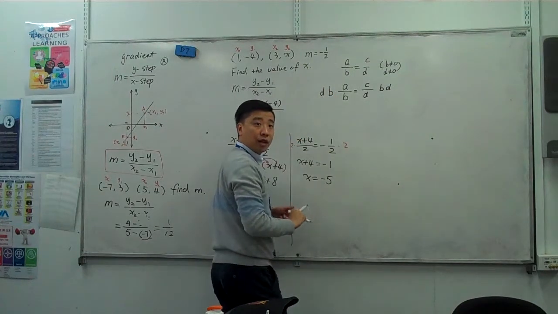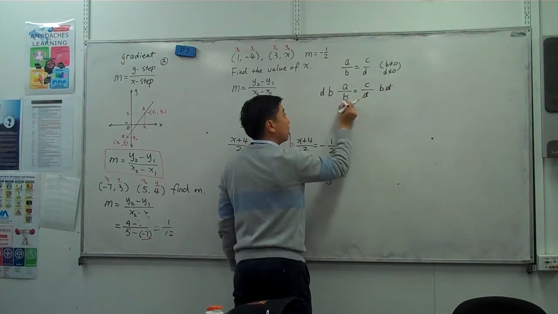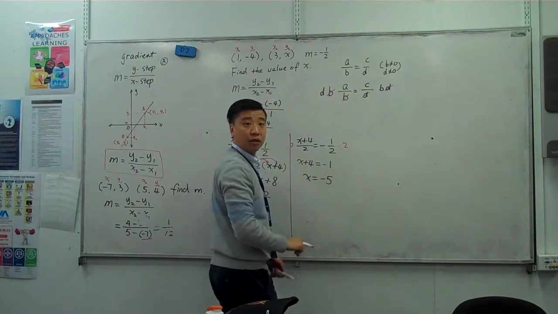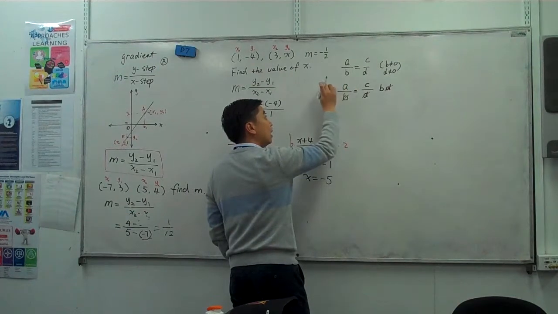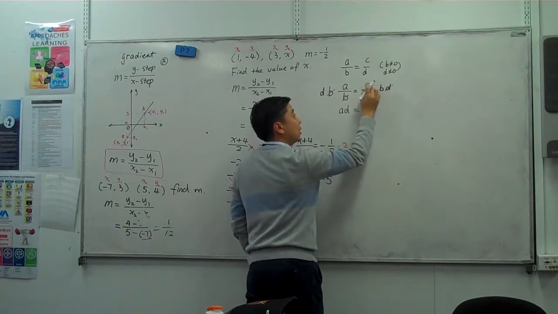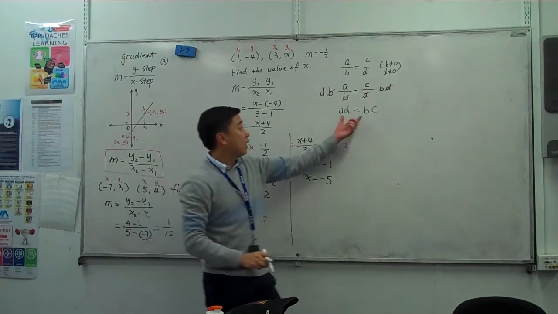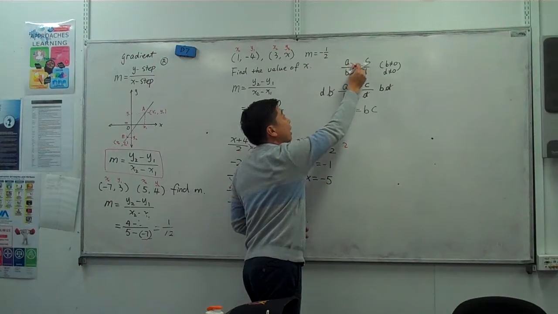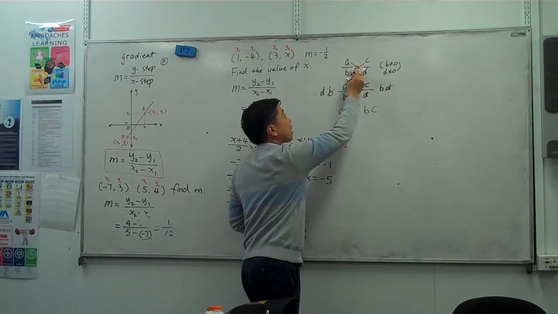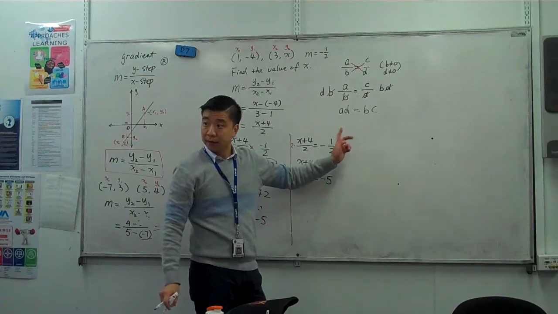Okay, now let's do the cancellation. This one can be cancelled. This one can be cancelled. So the answer is AD equals BC. Okay? So it seems I use A times D equals B times C. Alright.